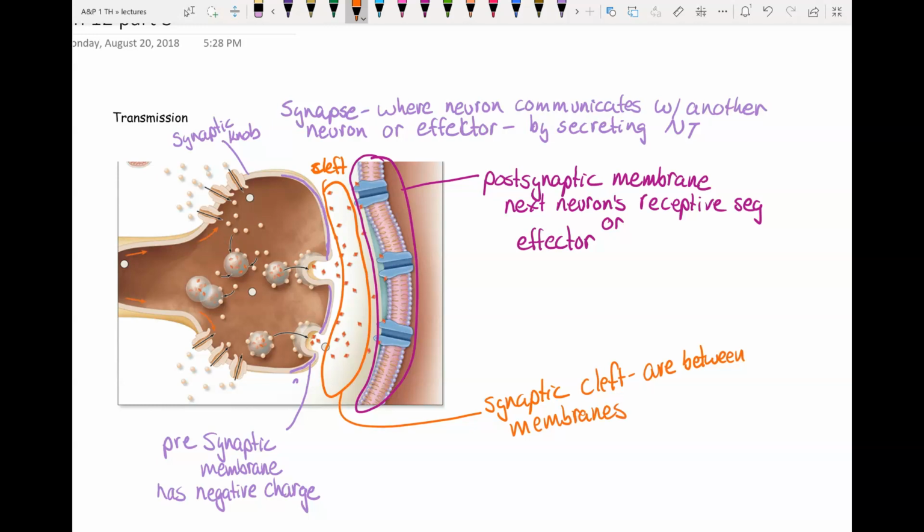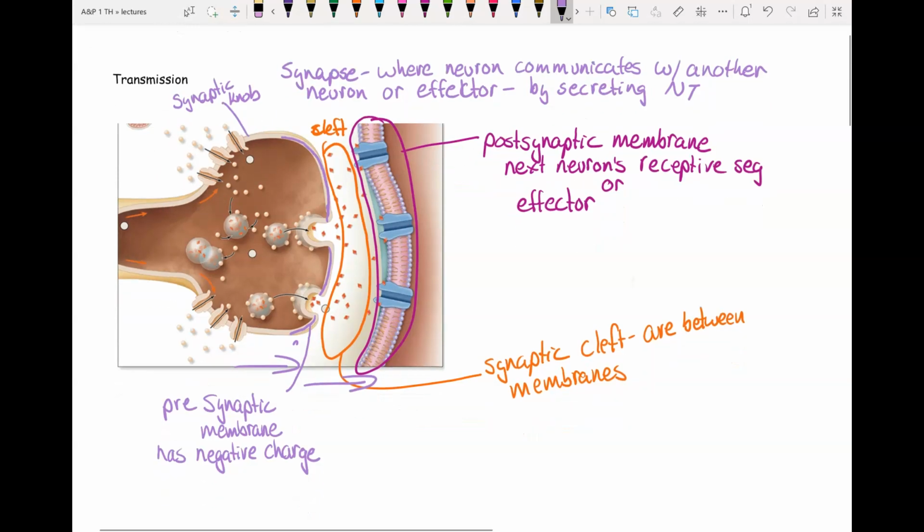So pre means before and post means after. So the presynaptic membrane is before the synaptic cleft and the postsynaptic membrane is after the synaptic cleft. So information is moving this direction. Remember, information always moves one direction.